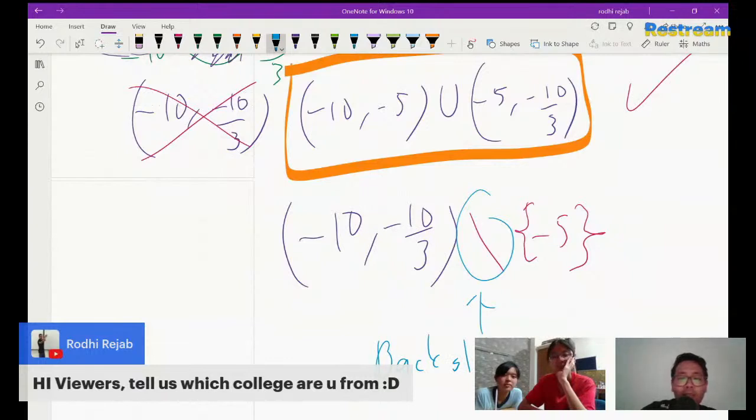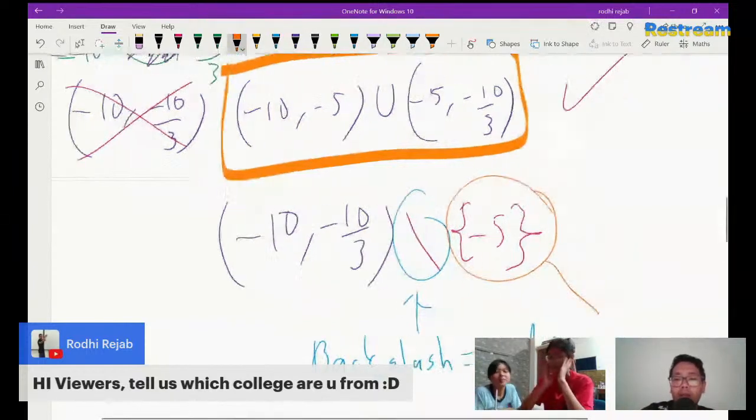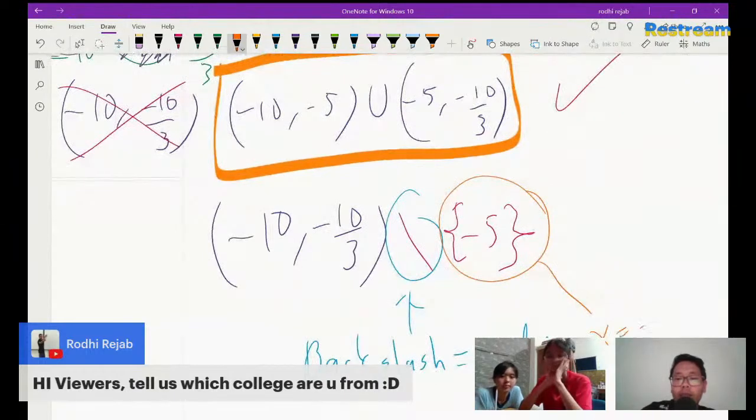Backslash, not front slash. Front slash means divide. With backslash it means exclude. And we are excluding the negative 5 element here. We are excluding x equals to negative 5.